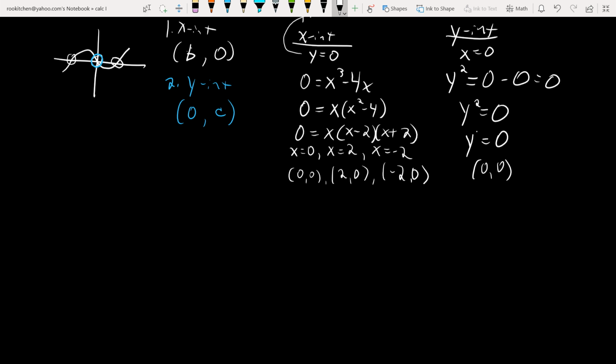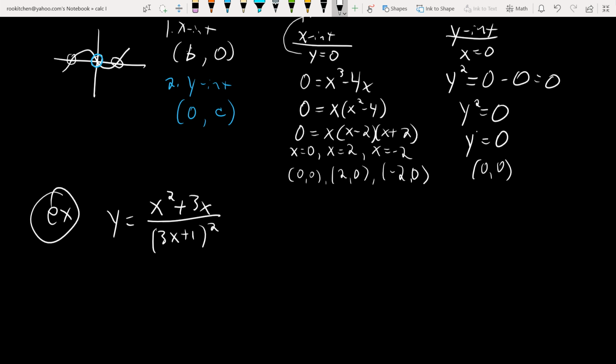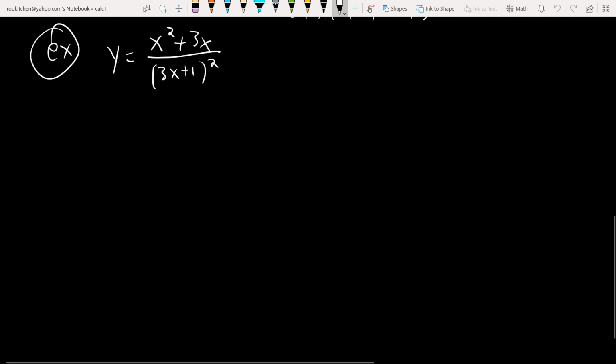Okay, let's look at another example, maybe another one. It's kind of more complicated than usual. Okay, so let's take a look at this guy, right? The x-intercept, we let y equal 0.